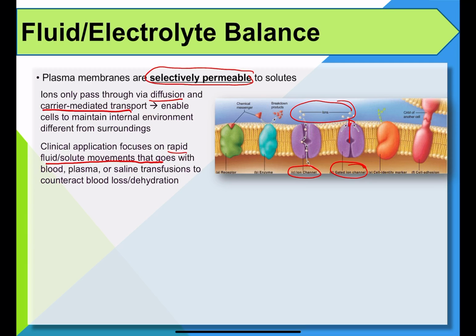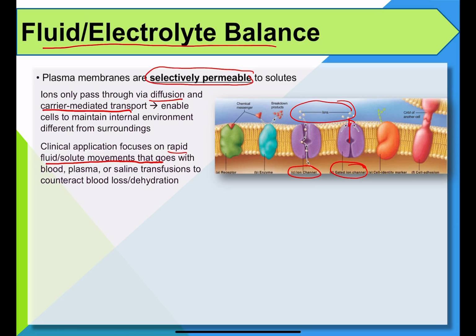And by the time she gets to the hospital, she gets a blood type going, then she can have the proper red blood cells replenished as well. So that's what a lot of clinical application focuses on when we think about fluid and electrolyte balance: what kind of solution you're going to give to the patient in what type of situation.